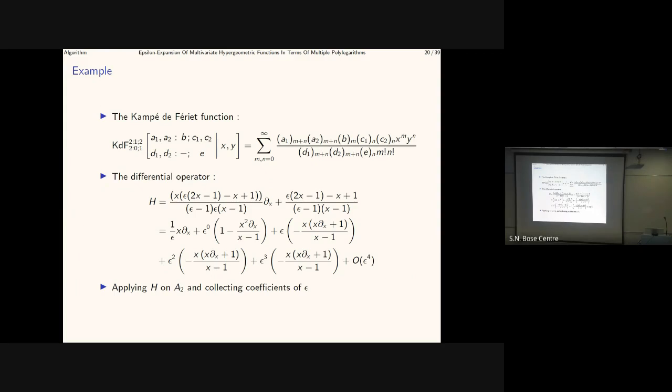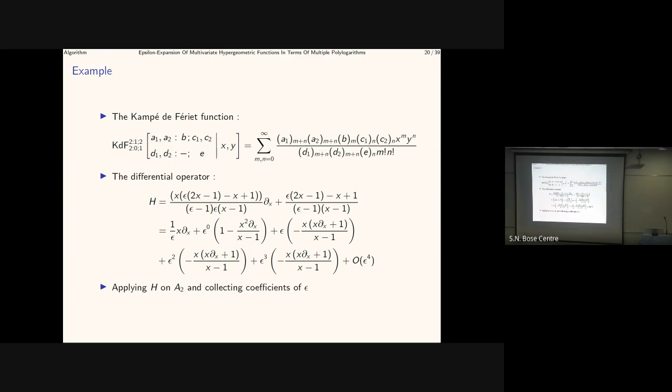Okay, so this is the Kampé de Fériet function that I mentioned. So again, we find the differential operator using the prescription and find its series expansion. And this time it starts with 1 by epsilon, and so on. And you may truncate it at some point by the requirement of how many terms you need in the final answer.